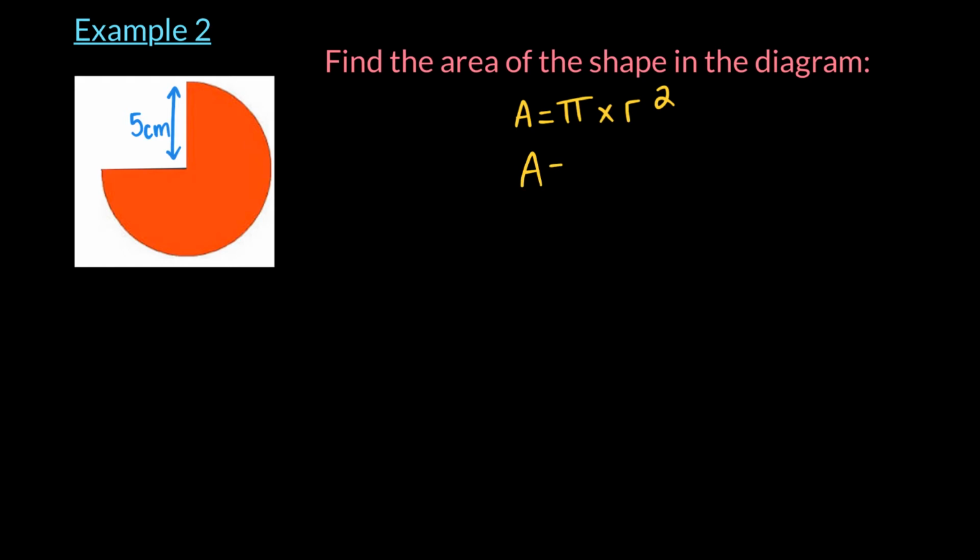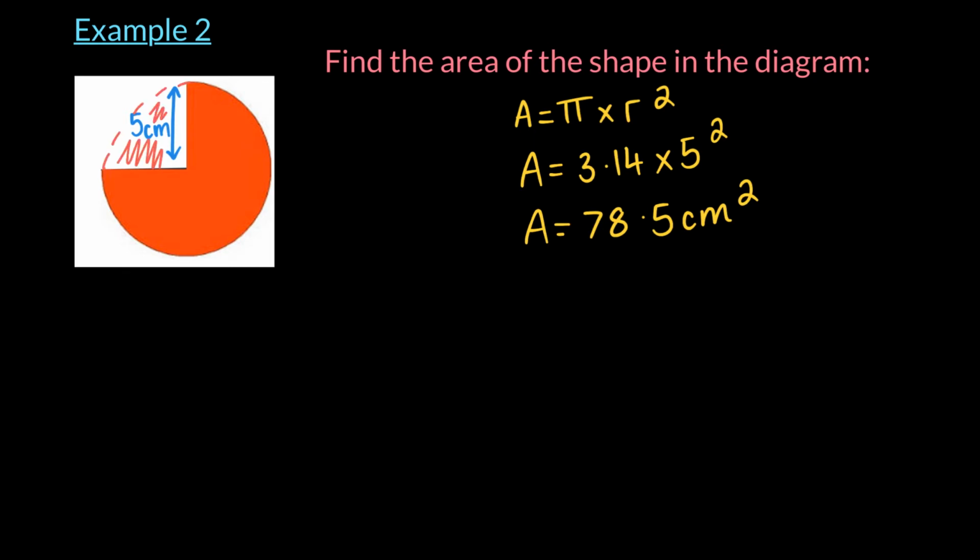So we substitute into our formula 3.14 times 5 squared, and that gives us an answer of 78.5 square centimeters. But 78.5 square centimeters would represent the total area of that circle.